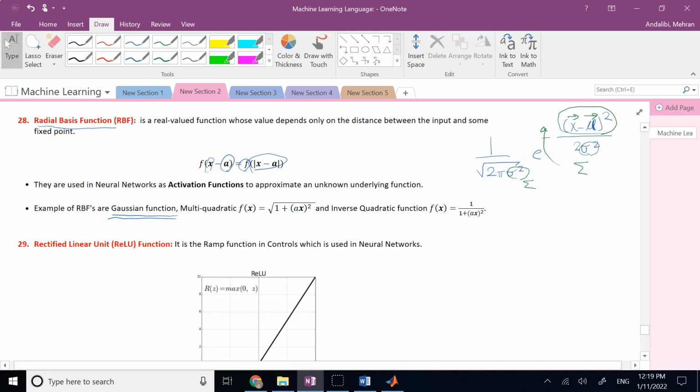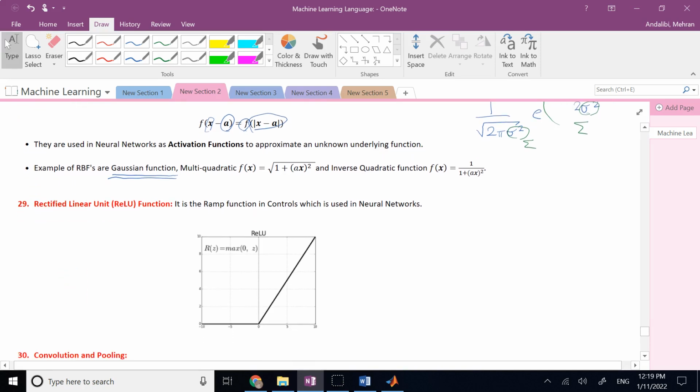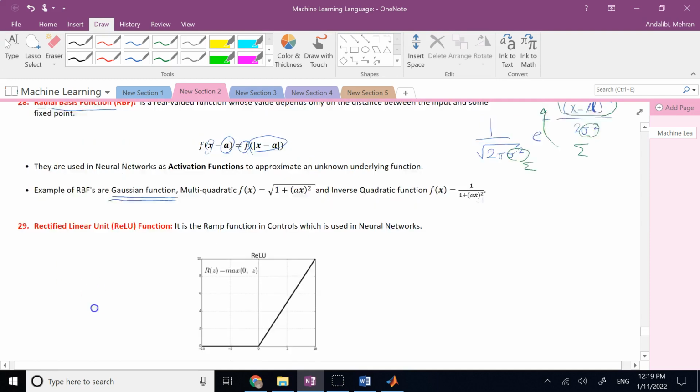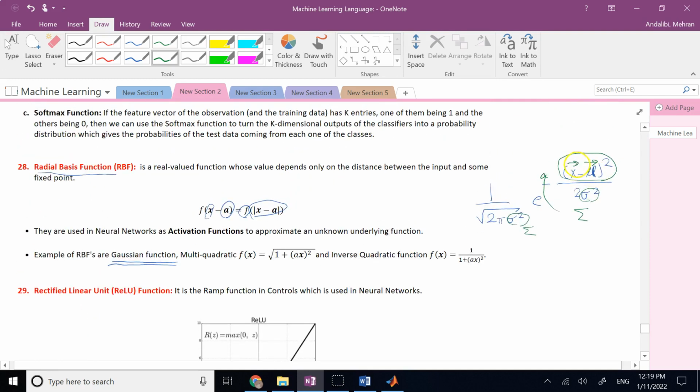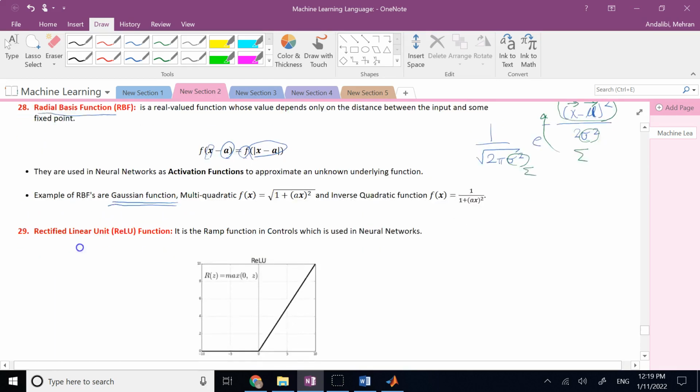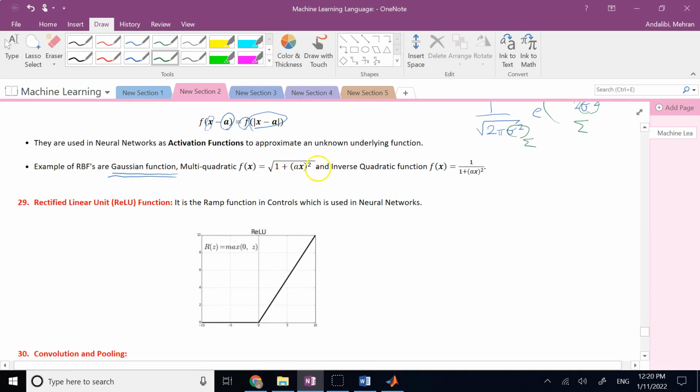Or simpler versions of that, if I want to look into 1D, is what? If they are scalars, then the direction doesn't matter too much. But if I want to introduce another function to you, one of them is called multi-quadratic. What is this?